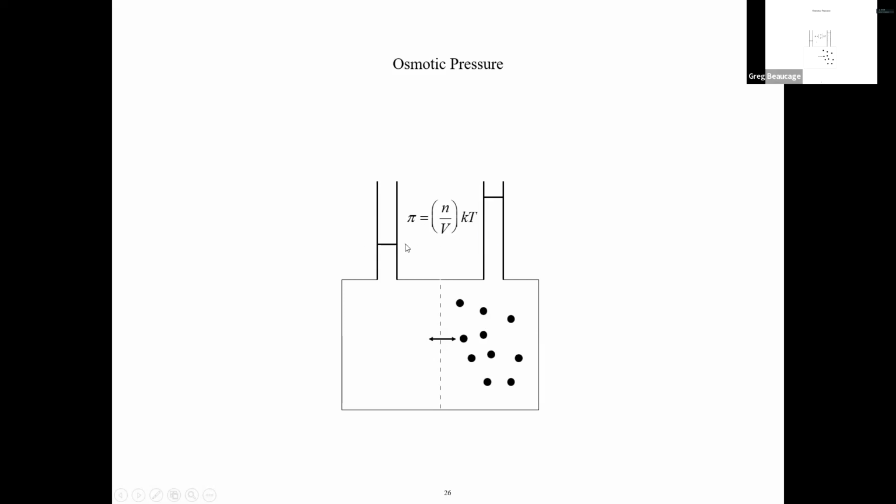That pressure head is related to the concentration of the beads here and the kT. So PV is nRT type thing. So that's like an ideal. So you can say the black beads in an ideal situation are like gas atoms bouncing around and they create a pressure. It's called the osmotic pressure.